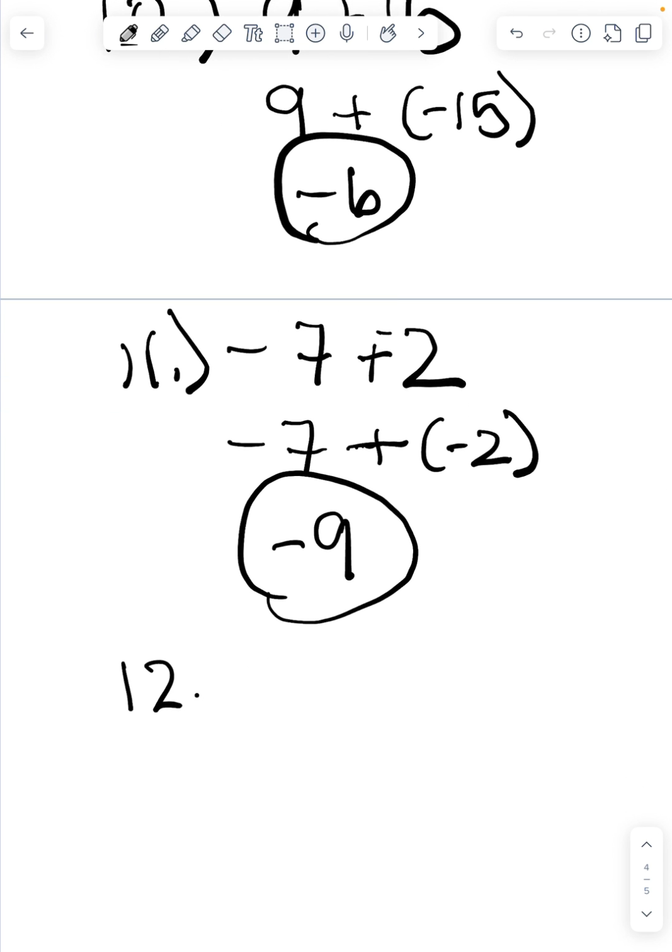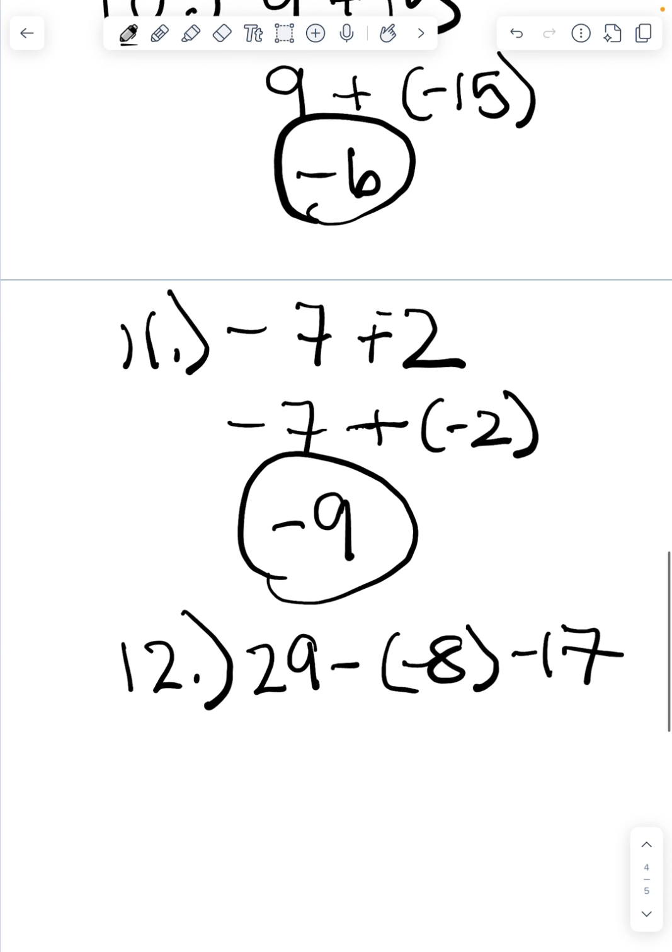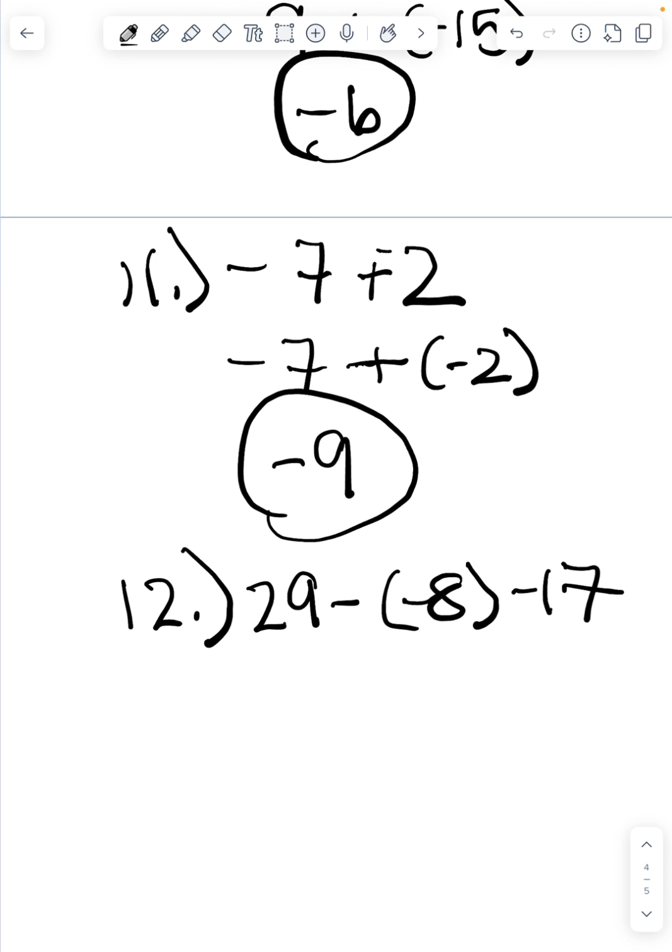Number 12, 29 minus -8 minus 17. So I'm going to go through here and get rid of all the subtraction. I'm going to add the opposite on each one. That means I keep the 29. I'm going to now add the opposite of -8, which is +8. And then instead of minus 17, I'm going to add -17.